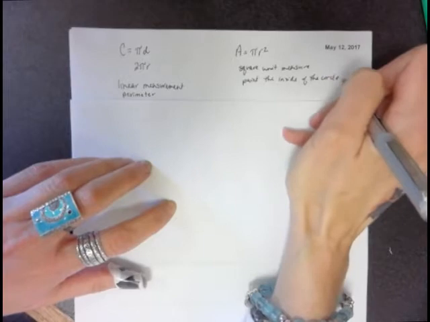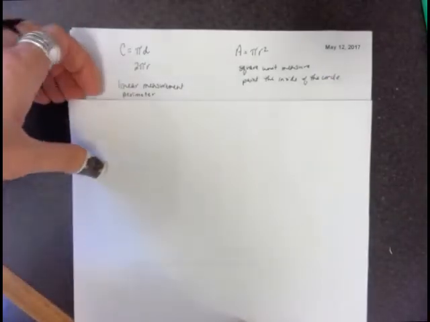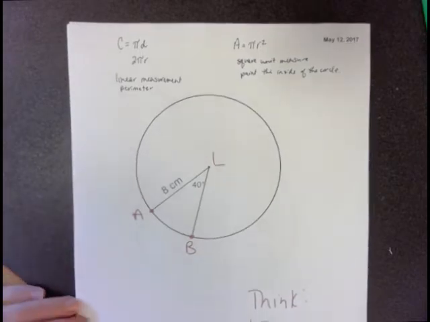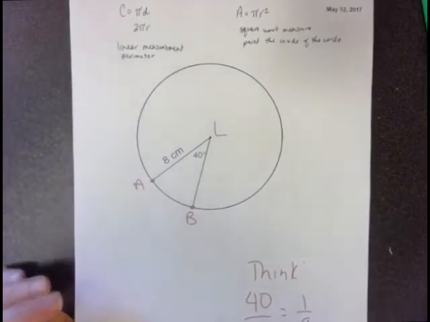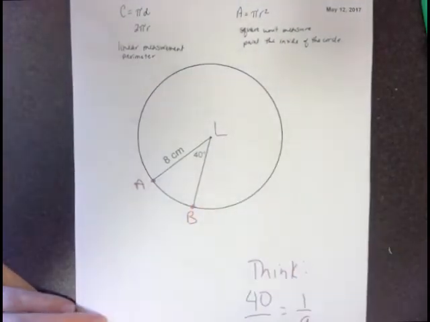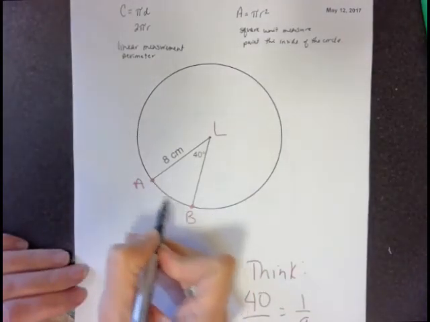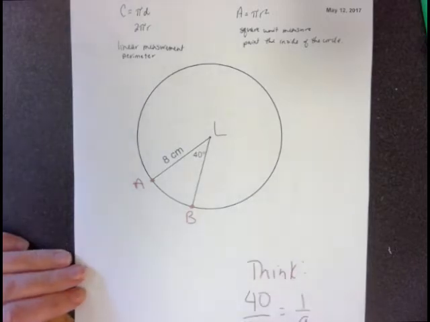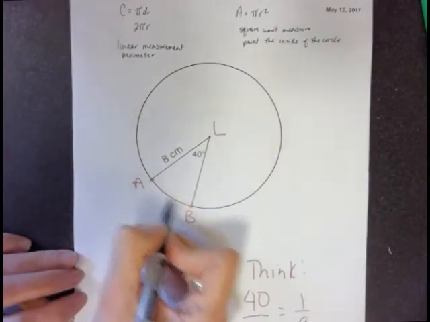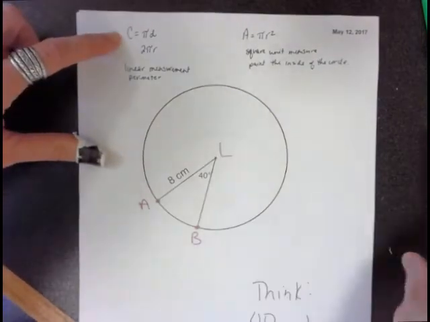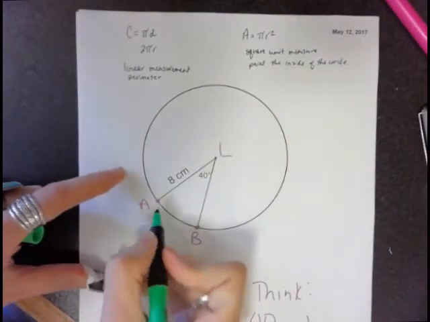Okay, so what we did in class was we looked at this circle. Remember, we named it Lily, L for Lily. And we were trying to find the measure and the length of arc AB. Now we know that arc AB is a part of the circumference because it's this measurement right here.